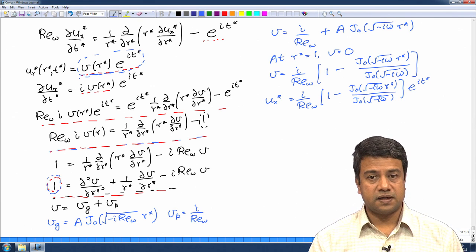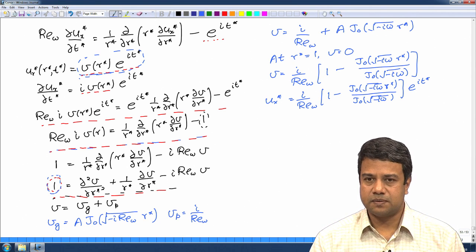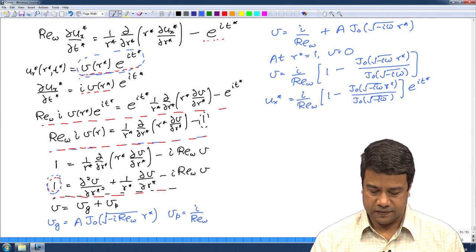That is the complex velocity field, and the actual velocity field that you will see in practice is the real part of this complex velocity field.